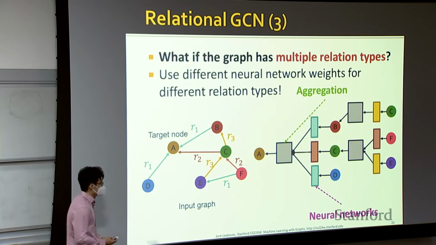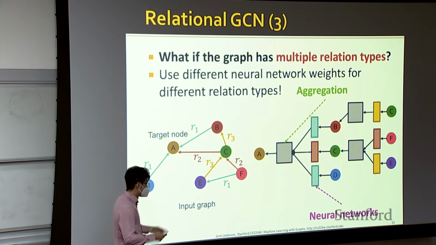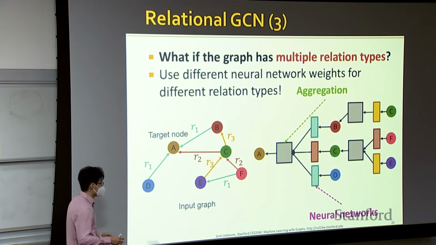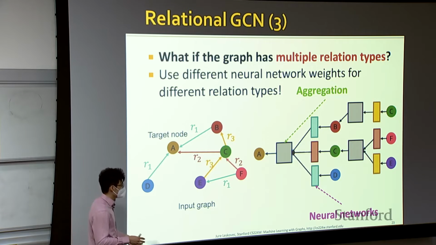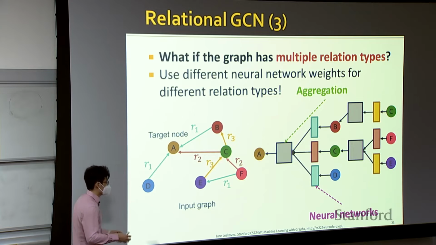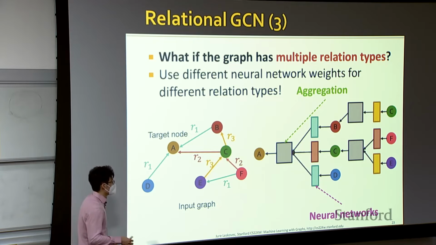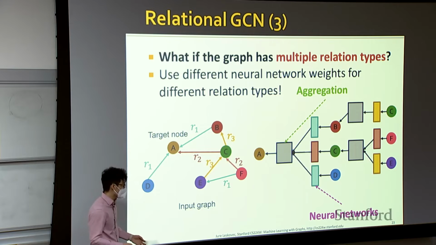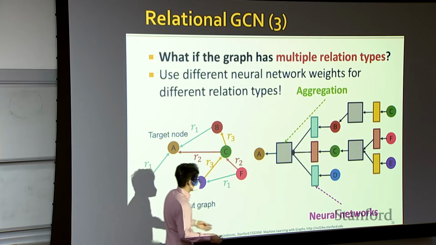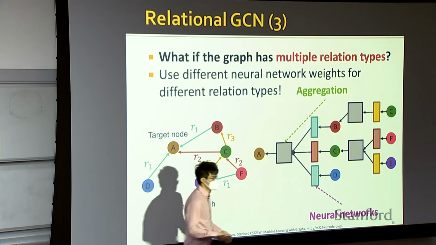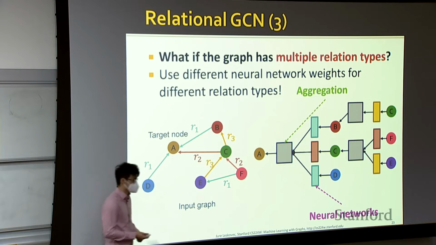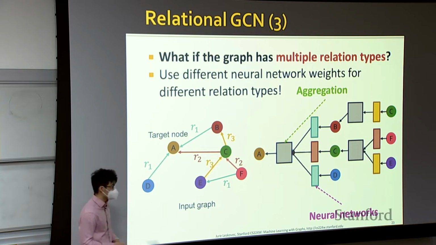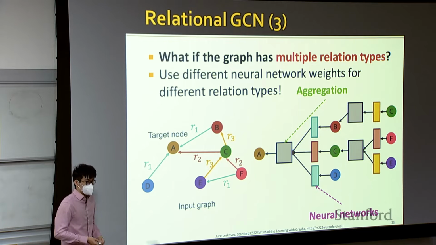So this is our basic idea of how to repurpose a graph convolutional neural network for a heterogeneous graph. We keep all the computational graph structure the same, except that we now assign different weights for different relation types. Any questions?